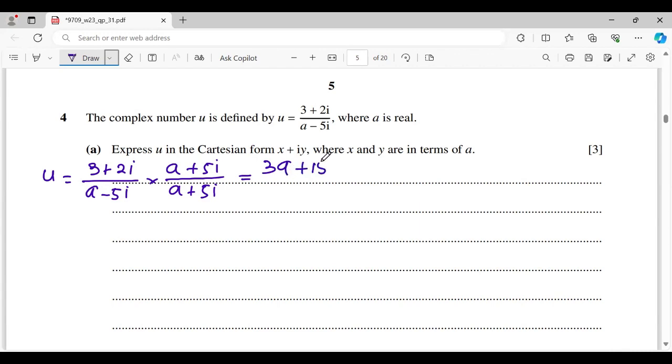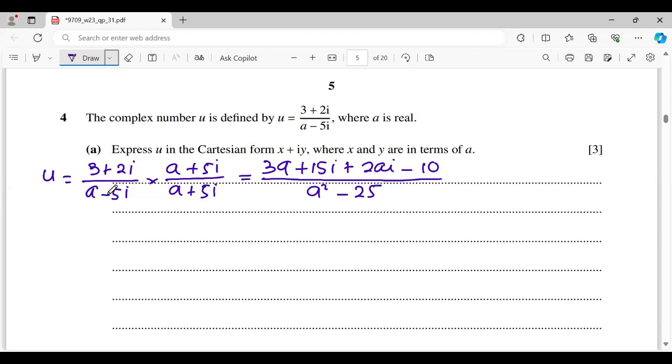It is going to be 3 times a, 3a, plus 15i, plus 2ai minus 10, because i squared is minus 1. So 2 times 5, 10, times minus 1 equals minus 10, over a squared plus 25.